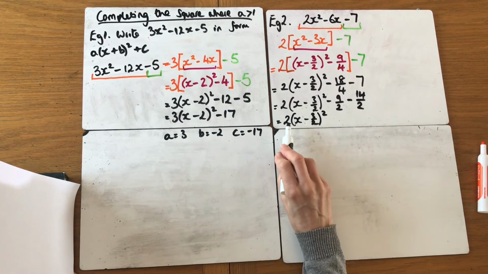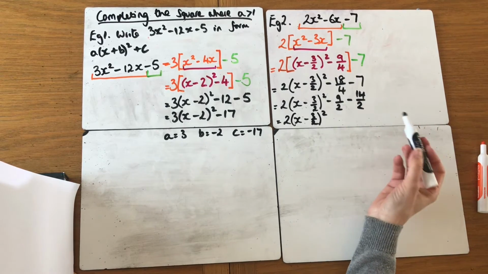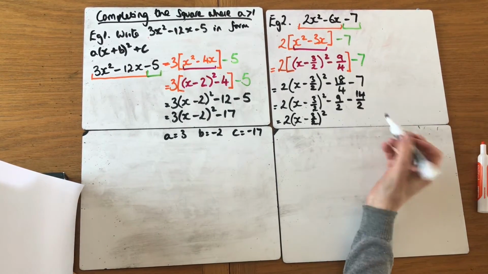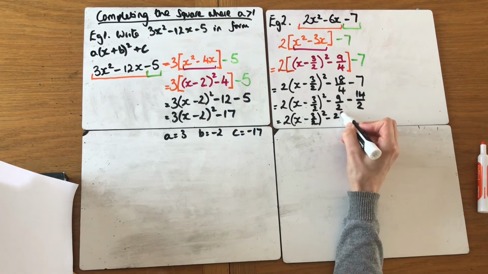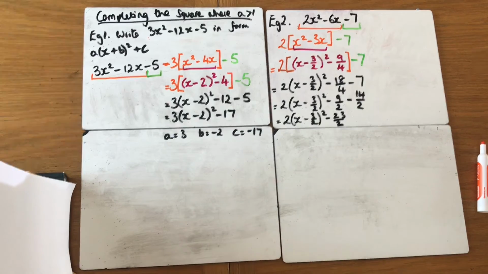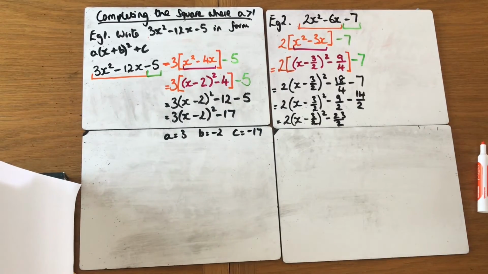So still writing the first part the same, and then I've got minus 9 over 2 minus 14 over 2. With common denominators, I just need to do minus 9 minus 14, so I get minus 23 over 2. So some fractions involved, but I know how good you all are at fractions, so you won't have any problems with that at all.